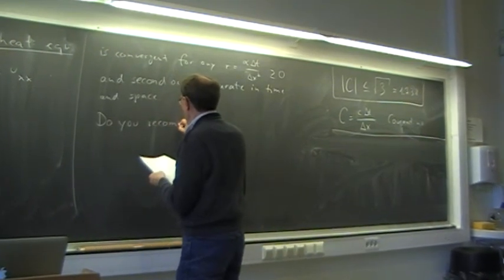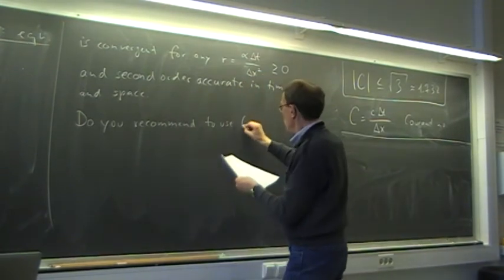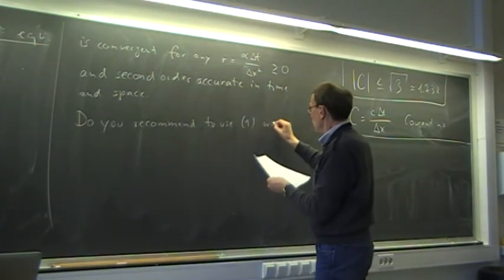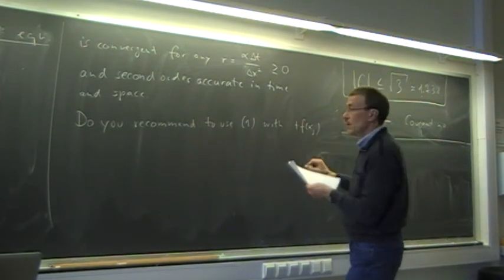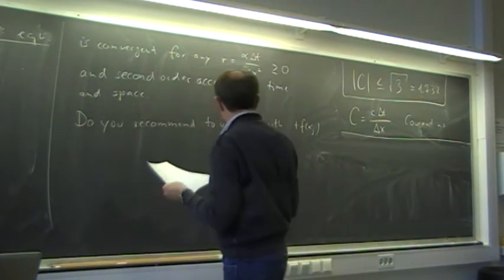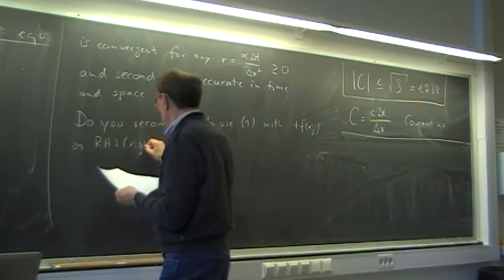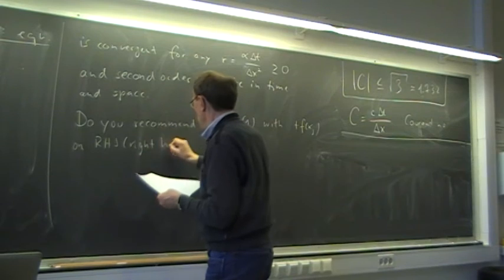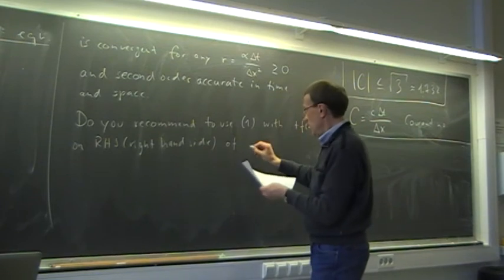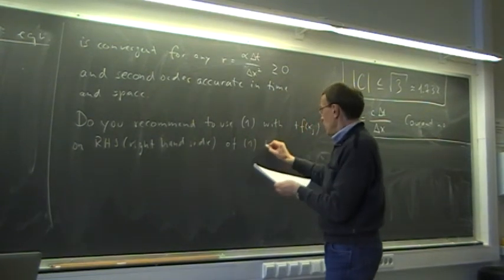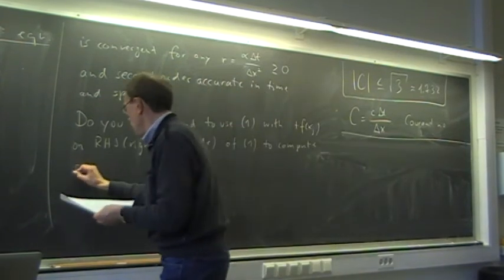Do you recommend to use the Crank-Nicolson method with plus f of x_j here on the right hand side of equation 1 to compute the steady state?